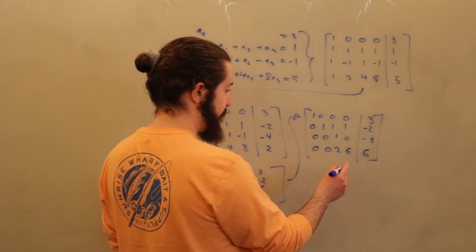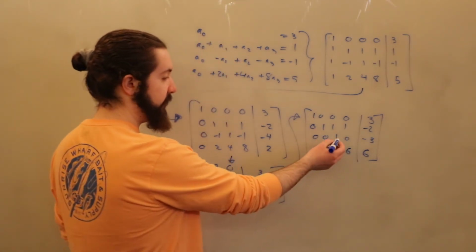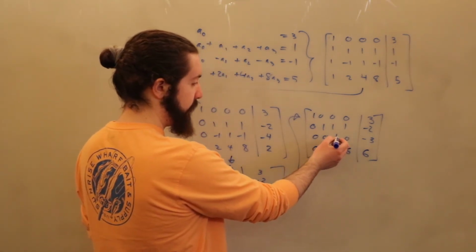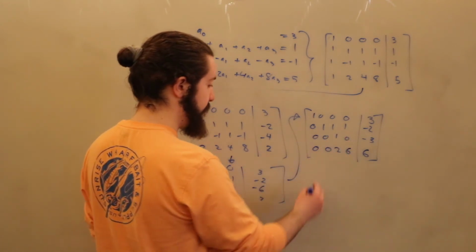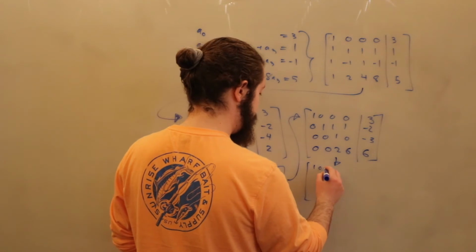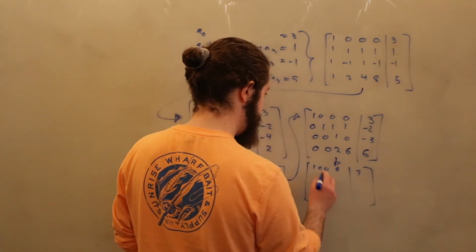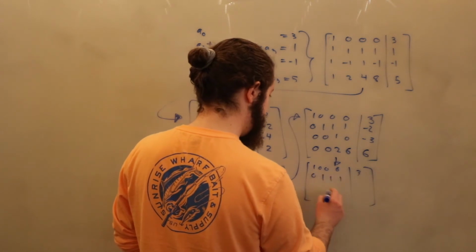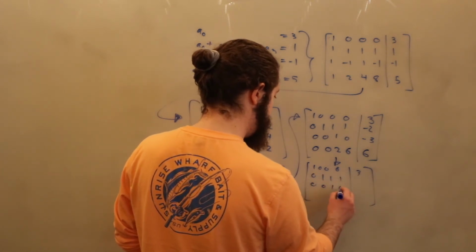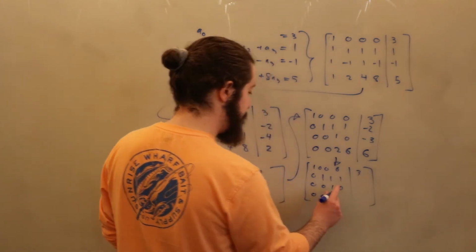Let's next take negative 2 of row 3 and add it to row 4. So 1, 0, 0, 0. 0, 1, 1, 1, 0, 0, 1, 0, 0, 0. That'll be a 0.